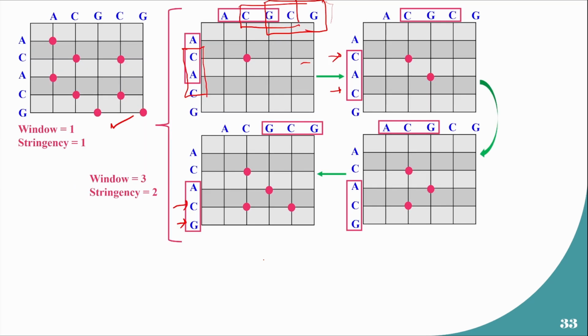Sir, how is stringency 2 here? So in this case, the window size 3 is mentioned by this rectangle, right? Now stringency 2 means that out of these 3 elements of the window, when you are comparing two windows, at least two characters have to be matched at the exact same locations.